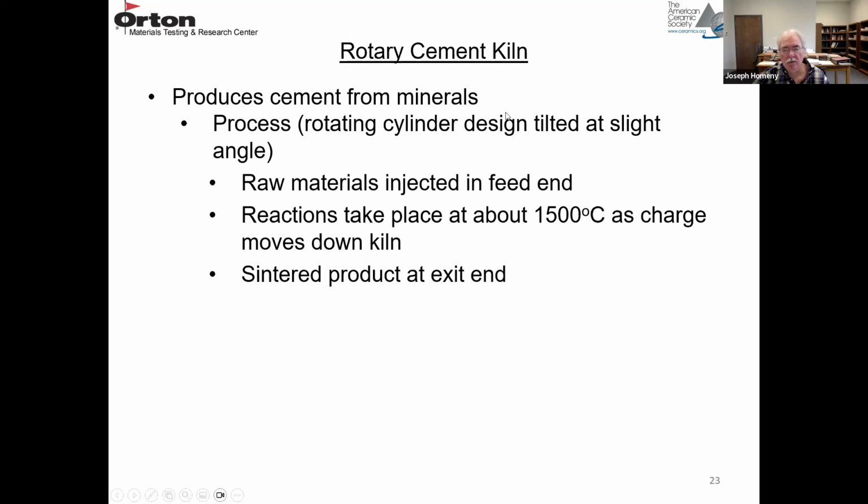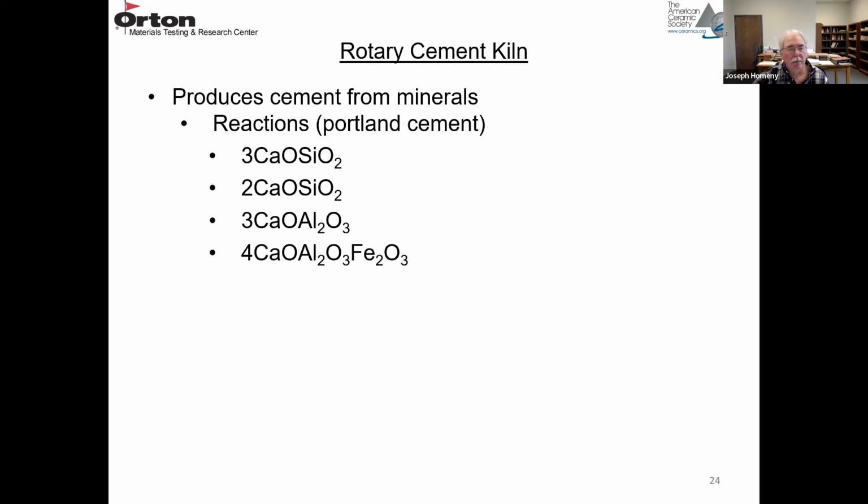It rotates and it's tilted at a slight angle. So at the high end, the raw materials are fed in, and as this rotates, the materials move down into the hotter zones, and then you have reactions to form Portland cement, and they take place at about 1,500 degrees C. And then this is a sintered product known as clinker. It exits the hot end of the furnace. So you end up with Portland cement.